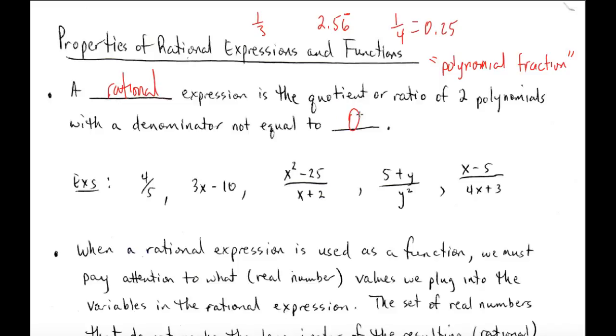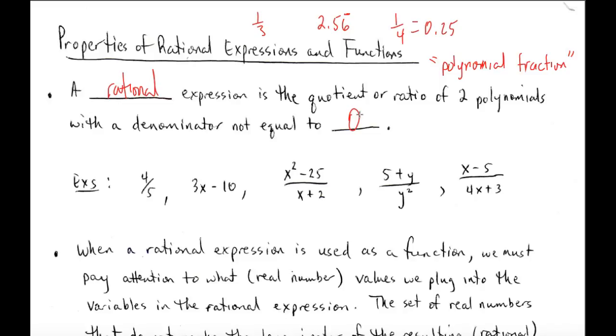Okay. Now, a rational equation, which you'll see in the video that follows this, is two rational expressions that are equal to one another. Okay, or at least you're stating that they're equal to one another. We'll see in some cases that just because you put two rational expressions equal to one another, that does not necessarily mean that there is a solution to that particular equation.